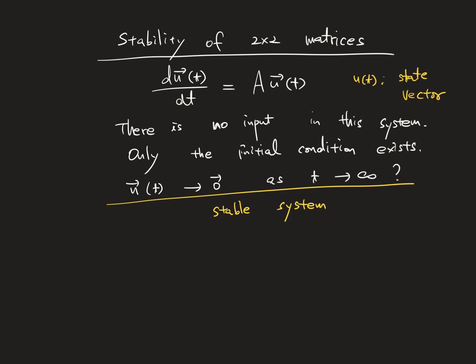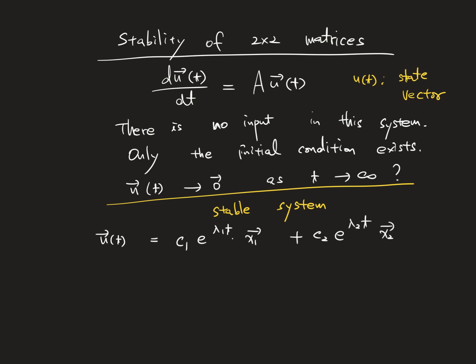We know that u of t will be c1 e^(λ1 t) times x1 vector, which is an eigenvector, plus c2 e^(λ2 t) x2.